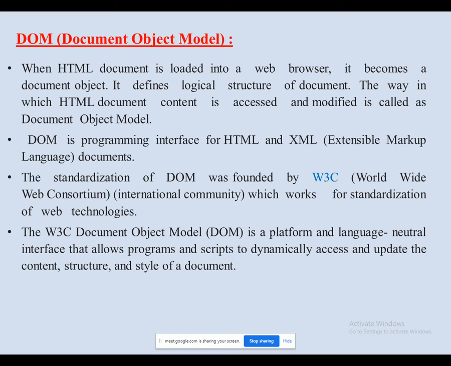For example, as I told you, the same example again, we'll see document.write. Why are you using it? To display some content, to display some result. So here again you are taking the help of the document object. Okay, so whatever content you show on the web page, especially in JavaScript, all those contents get modified. Then if you are using calculations, some objects, some functions, all those are managed with the help of the document object model.